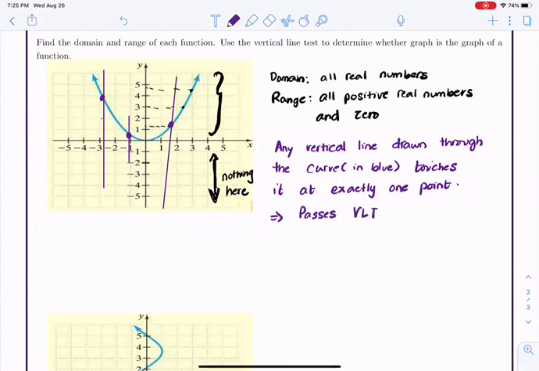So if it passes the vertical line test, then the relation is a function. The curve corresponds to a function.